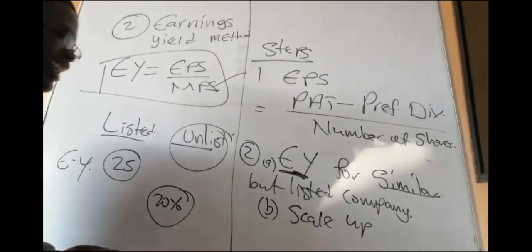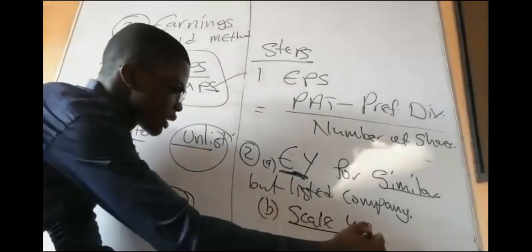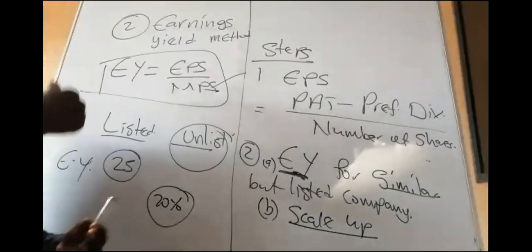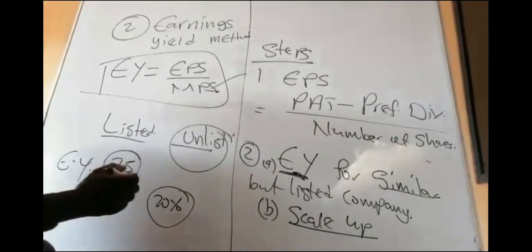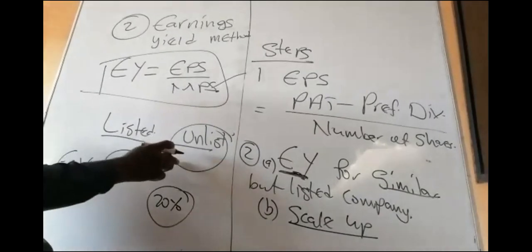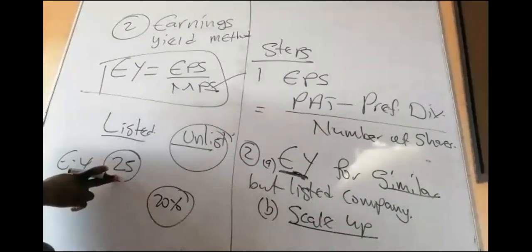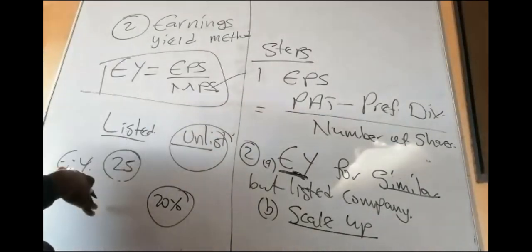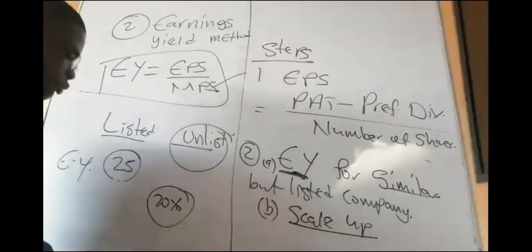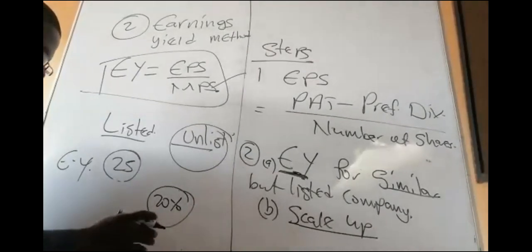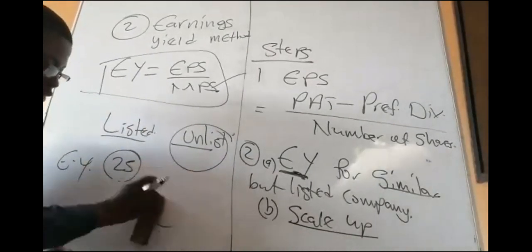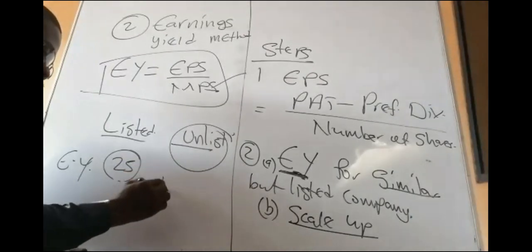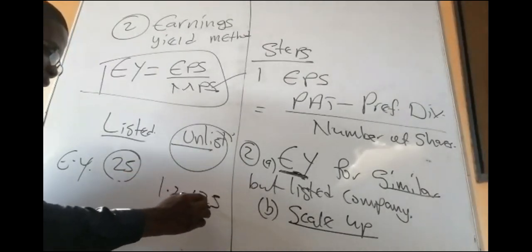So we say scale it up. Scale the risk factor up. If a listed company is getting 25 as a PE ratio, the unlisted company must get more than that. That's the meaning of scale up. So if the risk factor is 20%, I say 1.2 times 25.